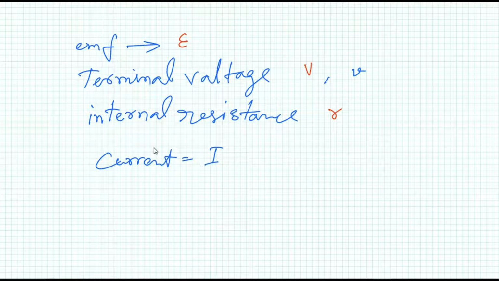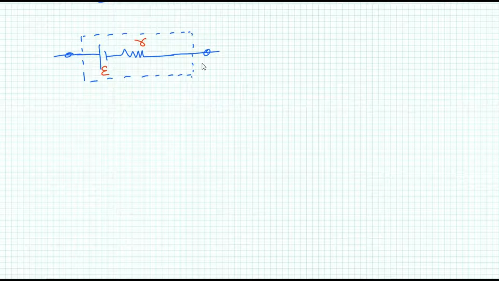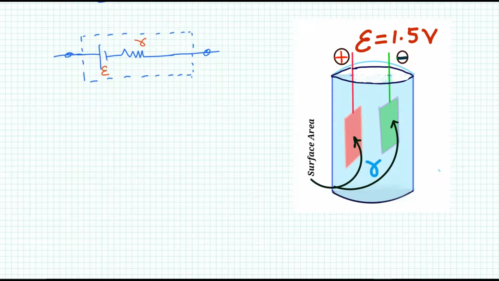So first of all, here I want to explain the internal resistance with circuit diagrams. Whenever we put a cell in the circuit, we write the cell structure like this. Actually the cell is a complete body having the electrolyte and plates, and internal resistance exists inside the cell.